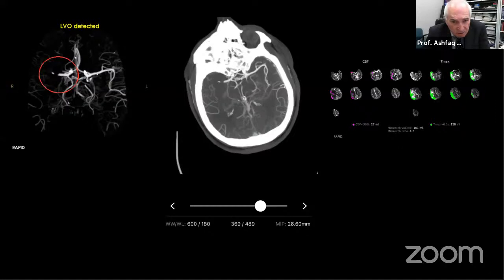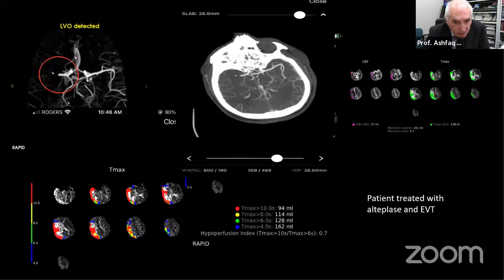So this is what I find this software very interesting, that it gives you what's called the hypoperfusion index that shows you the area where the blood is really slow, we call it Tmax more than 10. This area is going to rapidly go into irreversible injury.